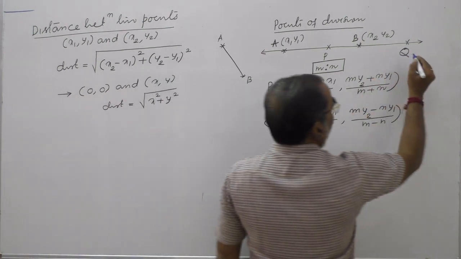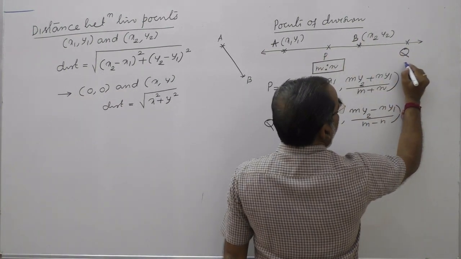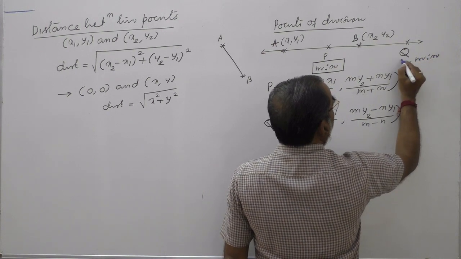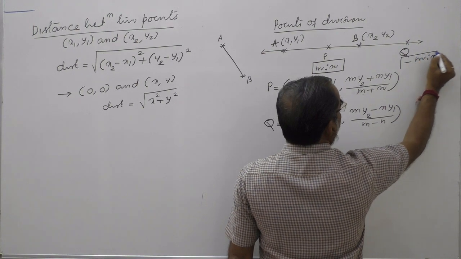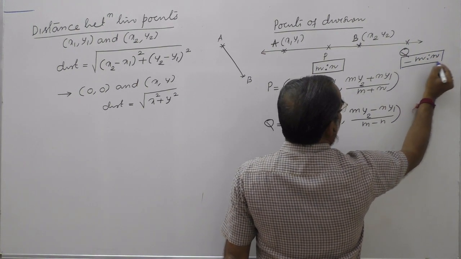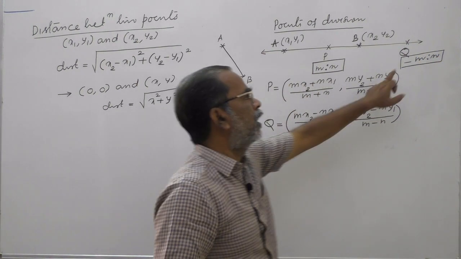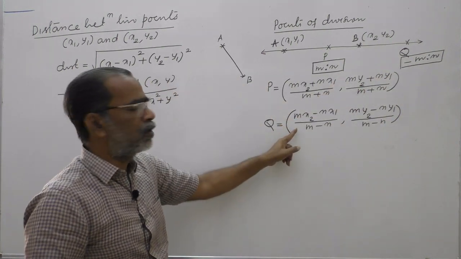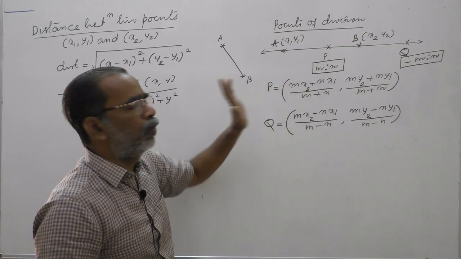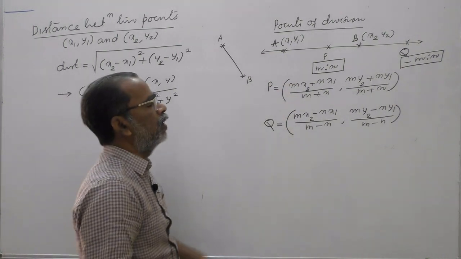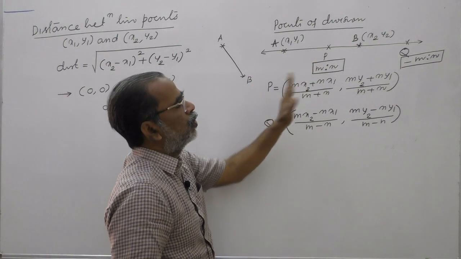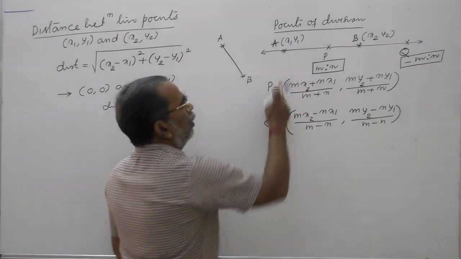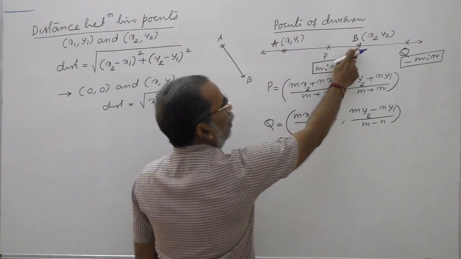The point Q is dividing the same line segment in the same ratio m is to n but externally. That is, minus indicates external division. So the point Q is this one. So these are the 2 points of division which divide AB in the ratio m is to n internally and externally.